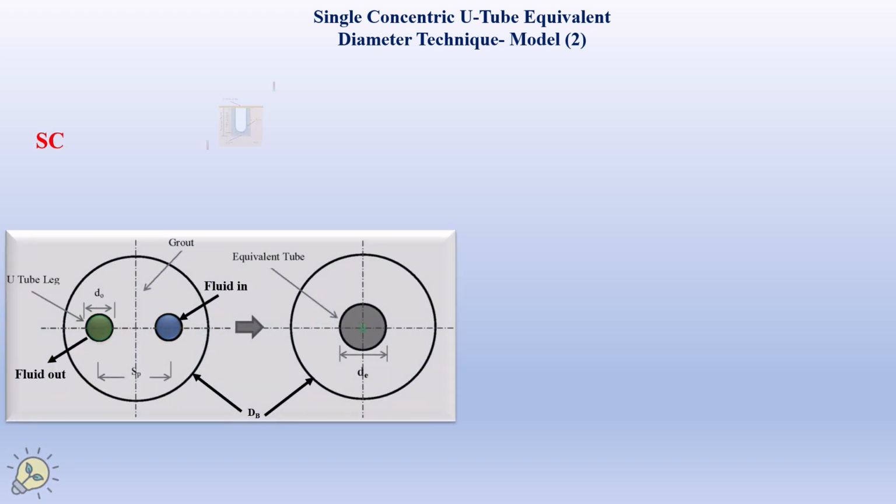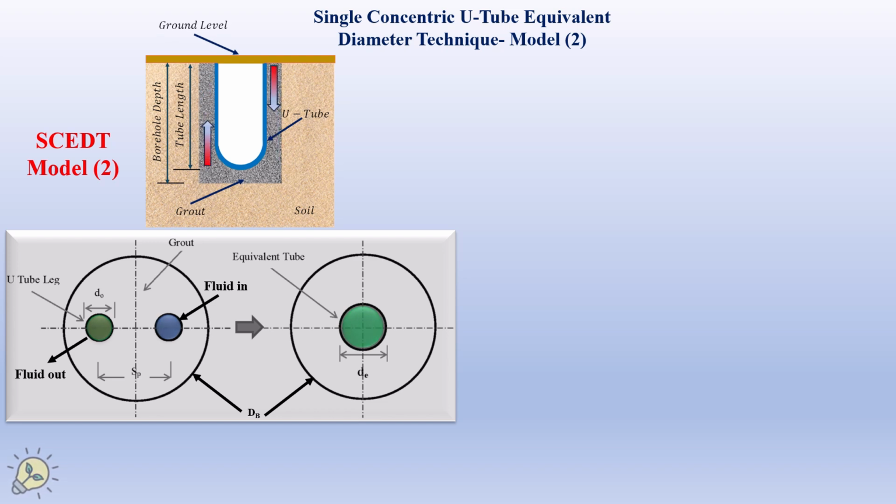Let us consider a borehole with a single U-tube as shown in this figure, and it is to be designed for the sizing purposes of the depth for this heat exchanger, and we will transfer it to an equivalent tube corresponding to and representing the single U-tube in a concentric tube with the borehole.